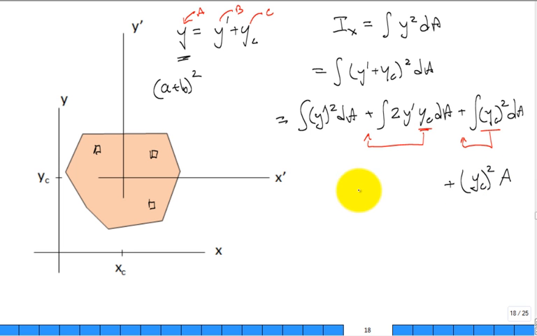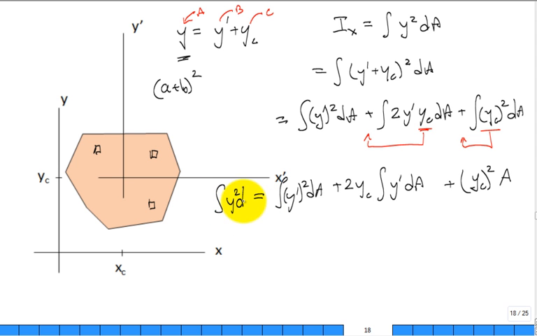I can pull the 2 out also. We have the integral of y prime dA. And then we have the integral of y prime squared dA. That's equal to the integral of y squared dA from above, which is the I sub x.